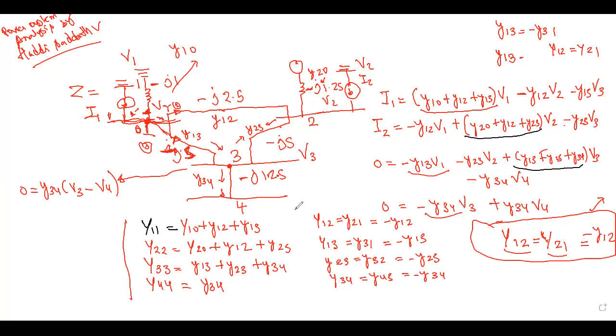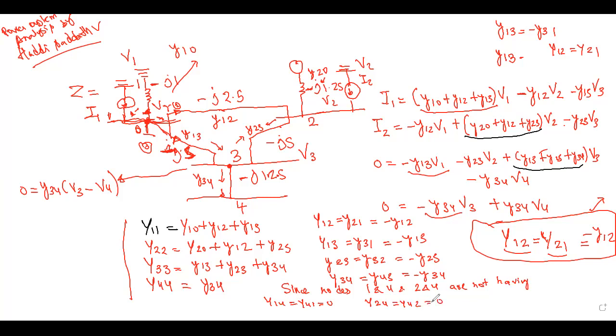Nodes 2 and 4 are also not directly connected. Since nodes 1 and 4, and 2 and 4, are not having direct connections, y14 is equal to y41 is equal to 0. On similar grounds, y24 is equal to y42 is equal to 0.